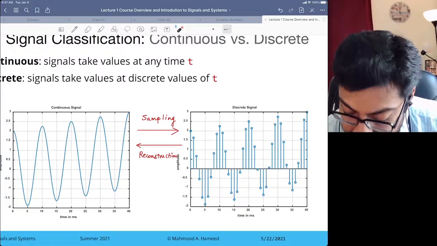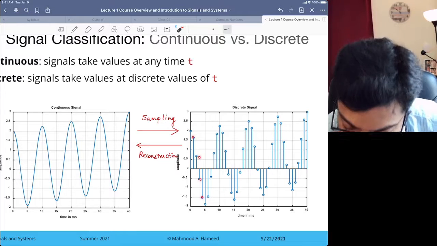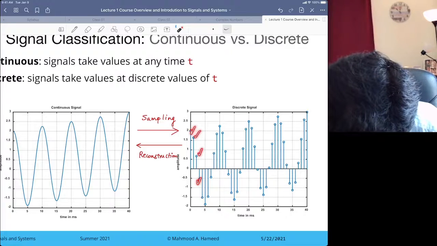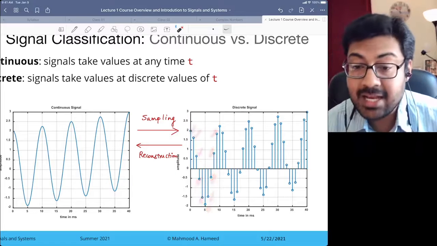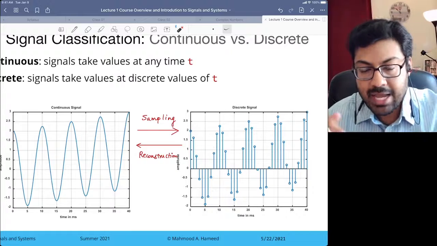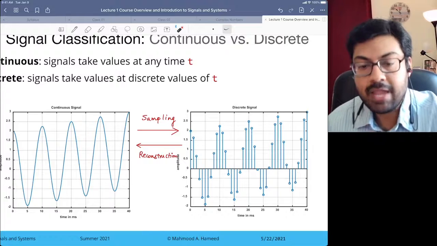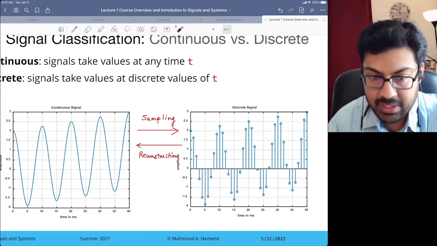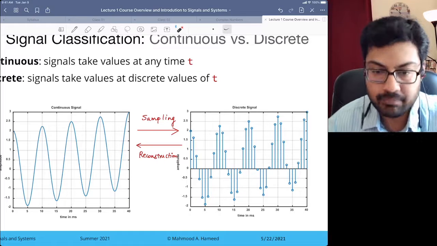Well, it looks like you have 1, 2, 3, 4, 5, 6, 7, 8, 9, 10 samples in one period. It's not a periodic signal, but if I was assuming that it was periodic, you have 10 samples in one cycle.